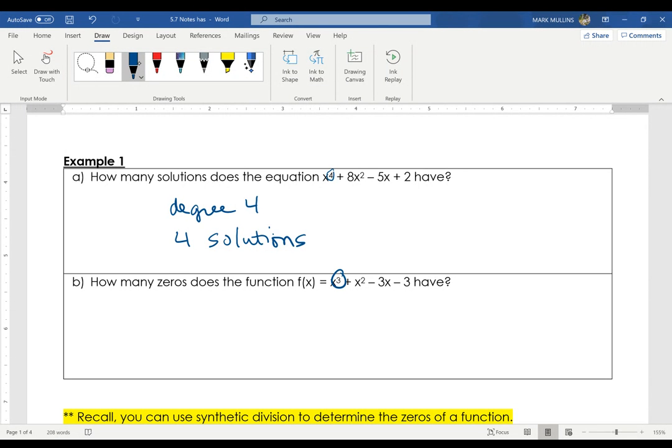Degree is 3. So there are 3 solutions. It doesn't mean that some of them aren't imaginary or they're repeated, but there are 3 solutions. So keep that in mind. Sometimes when we solve, we throw away those imaginary solutions. And the 3 could include imaginary solutions.